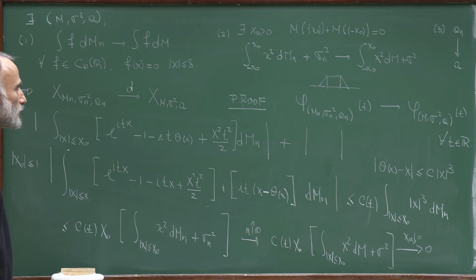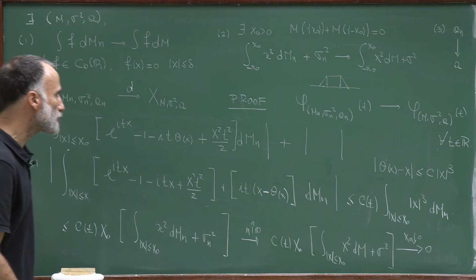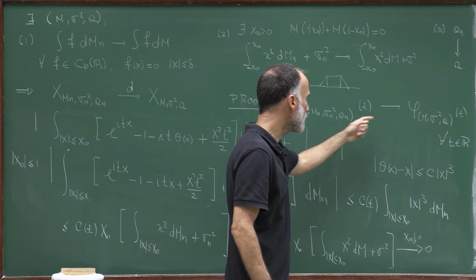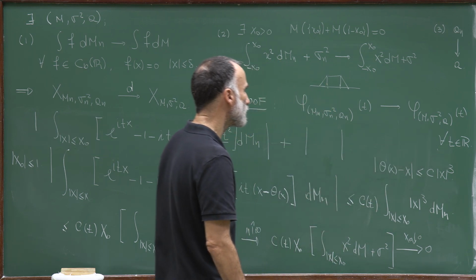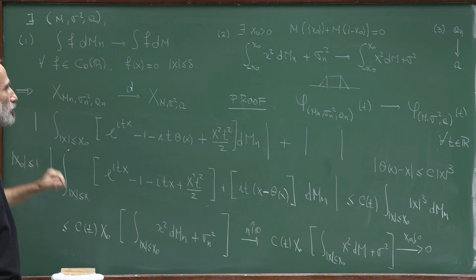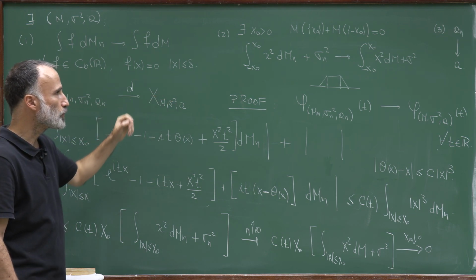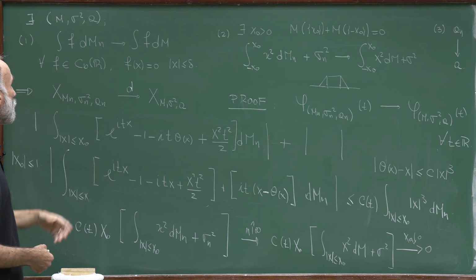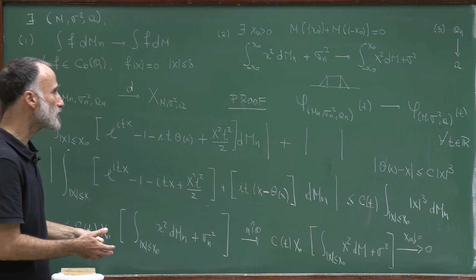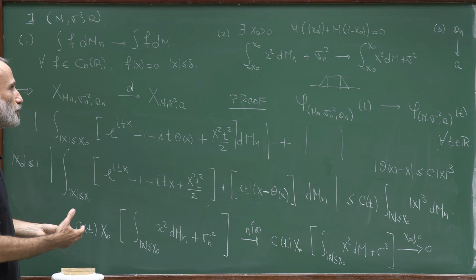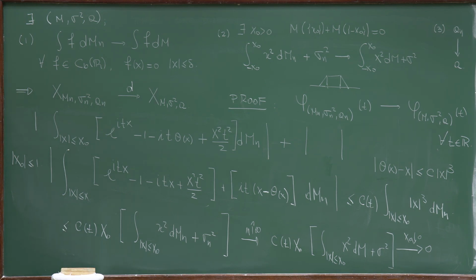So by putting them together, we reach the conclusion that indeed this characteristic function converges to that characteristic function for all t, and therefore that this sequence of laws converges in distribution to this law. So that completes the proof of one statement of the theorem, which is the simpler one. And now let's move to the other one, which is more demanding.